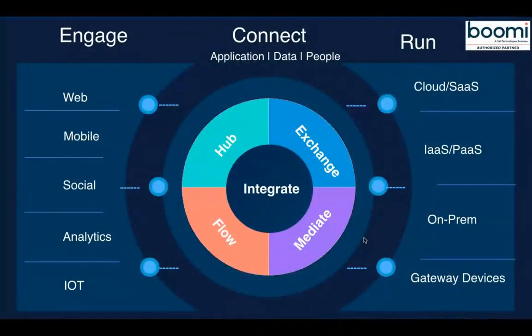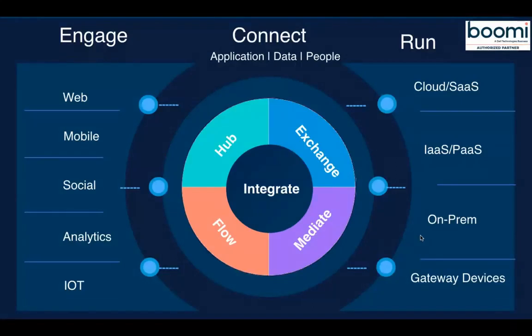Boomi provides the following services: Integrate, Hub, Exchange, Mediate, and Flow. Integrate is where you build your integrations to move data between your on-premise and cloud applications. Hub is where you can synchronize and enrich your data so we can have trusted data to support your business decisions. Exchange is where you can integrate data between two or more different companies or organizations.